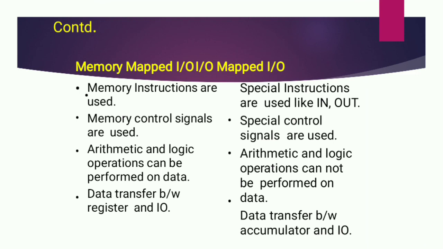In memory mapped IO, memory instructions are used, that is LDA, STA. In IO mapped IO, special instructions are used, that is IN and OUT. In memory mapped IO, we need only two control signals in the system, that is read and write. In IO mapped IO, we need 4 control signals, that is memory read, memory write, IO read, IO write. In memory mapped IO, ALU operations can be performed on data.